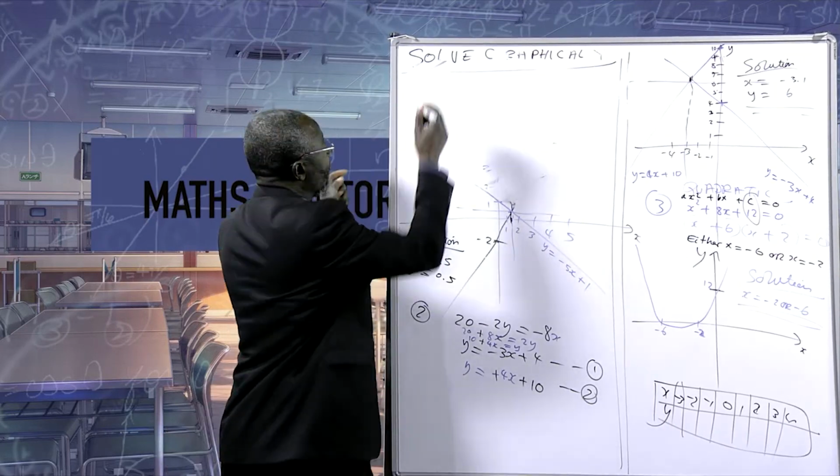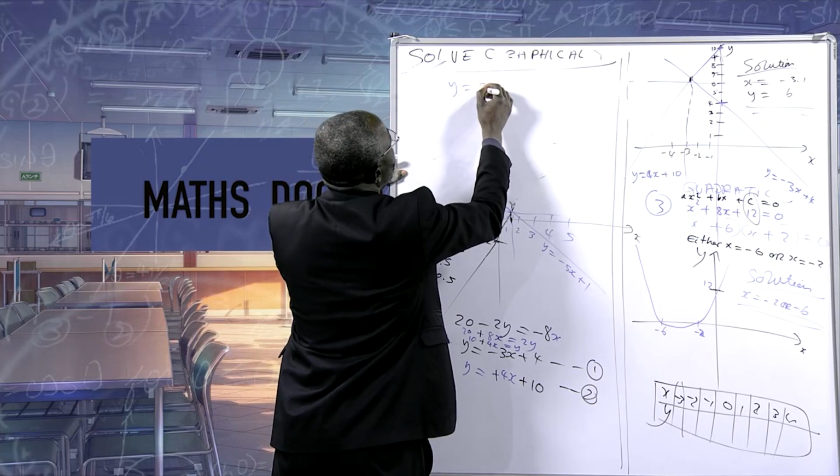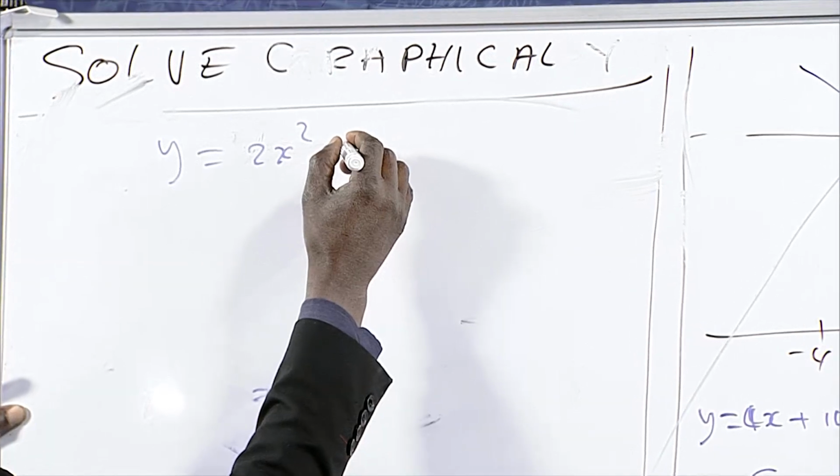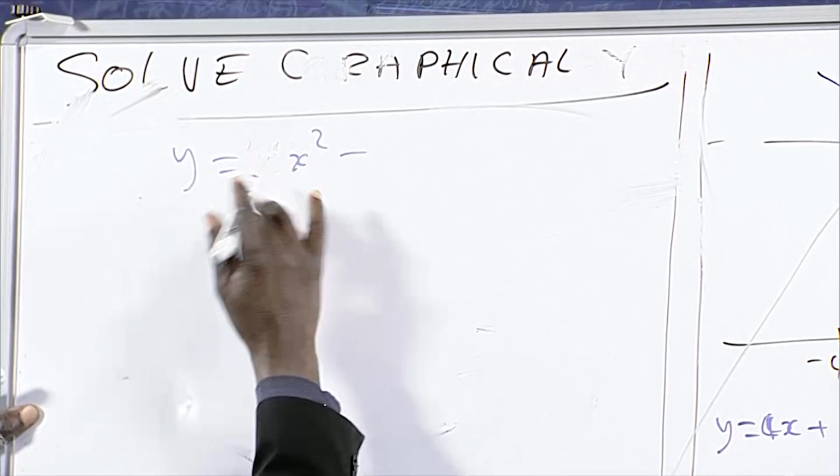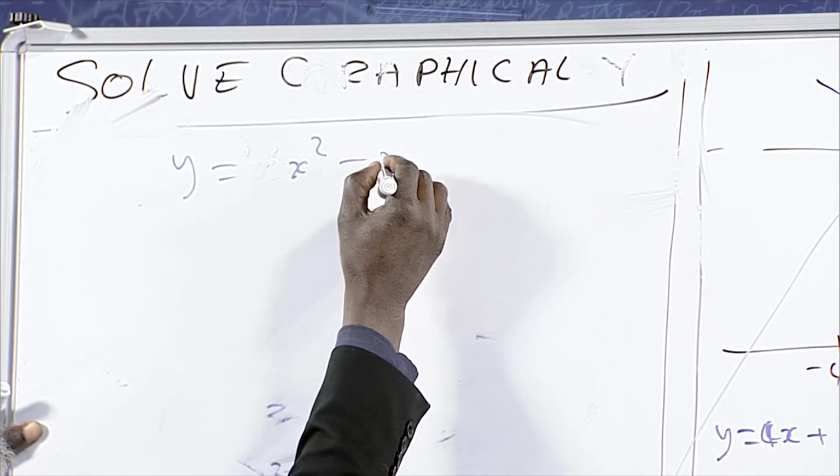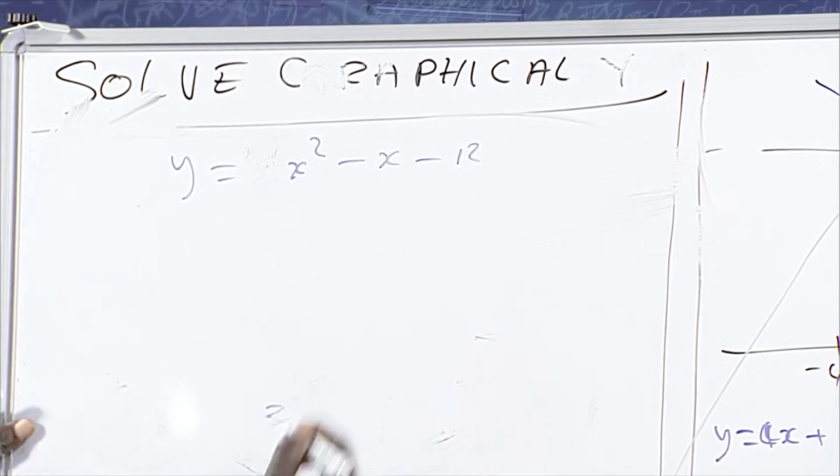Solve the graph, for example, y is equal to x squared minus x minus 12, right?